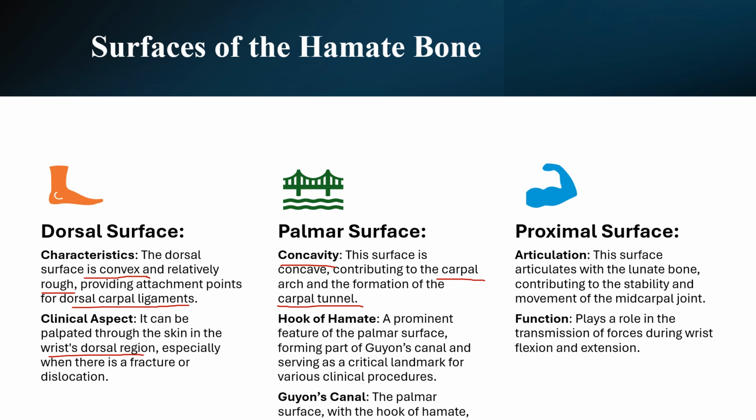Anteriorly the hook of hamate is also present. The hook of hamate is a prominent site for fracture of the palmar surface, forms a part of Guyon's canal and serves as a landmark for various clinical procedures.